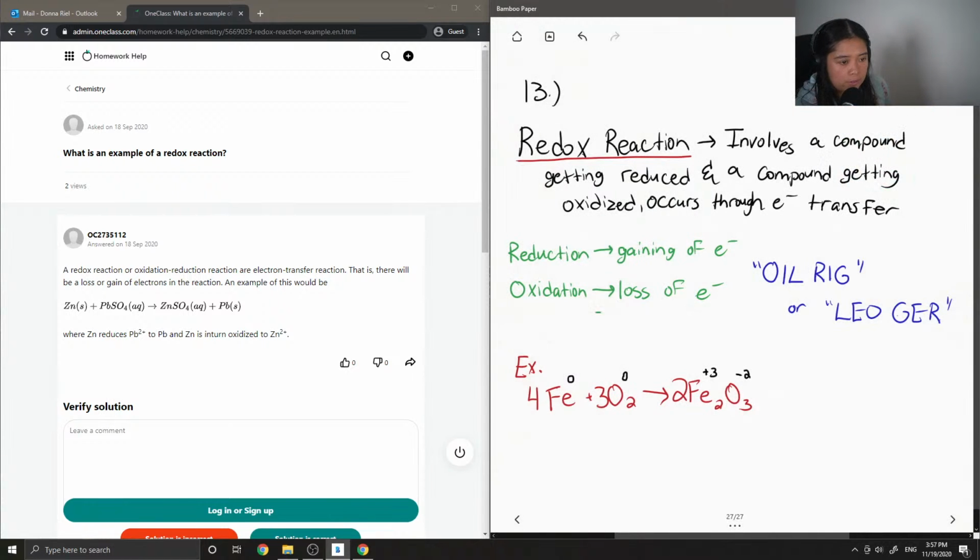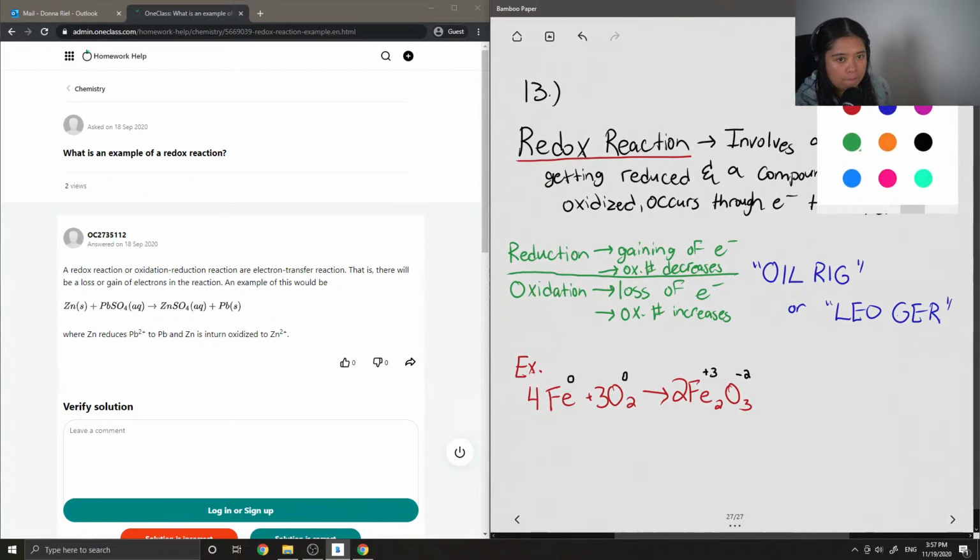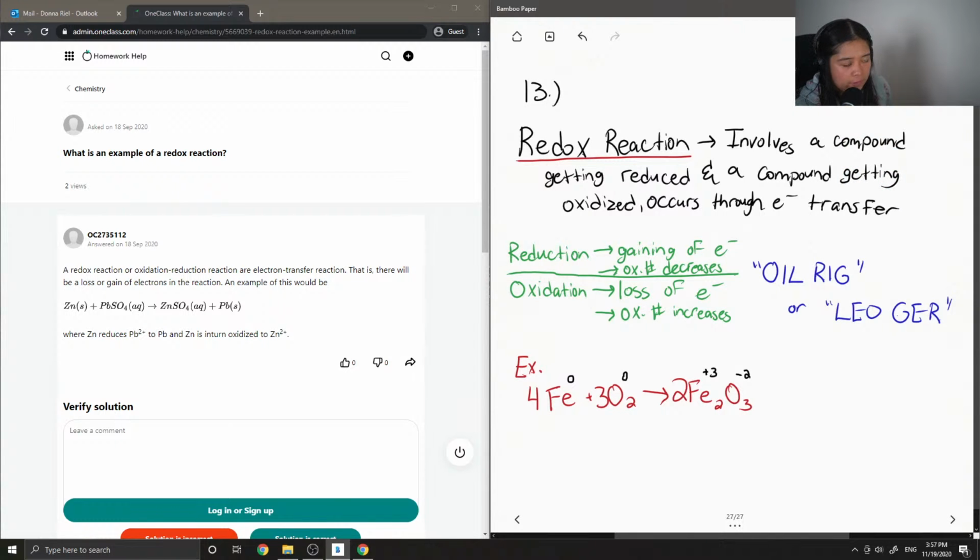So when the oxidation number increases, this is showing the element getting oxidized. I'm just going to add that definition here. And when the oxidation number decreases, that means the atom got reduced. Okay, so I'm going to separate this redox reaction into the two half reactions.